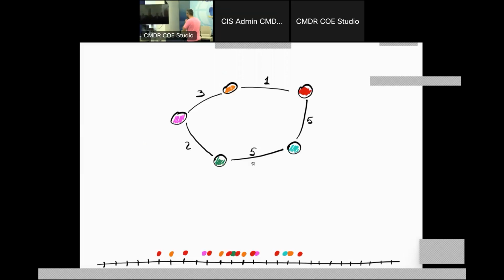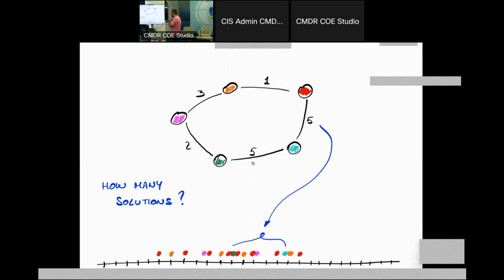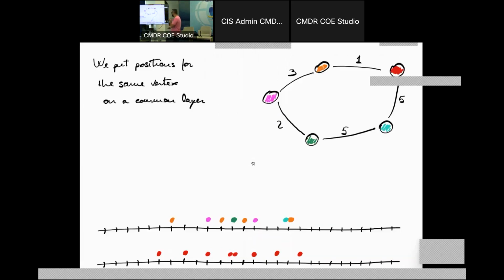So I'll try now with the help of my screen. Let's make order. I will keep at this level only the last vertex, only the red one. Now we keep here only the red ones, and here I have all the others. Now I do this step again.